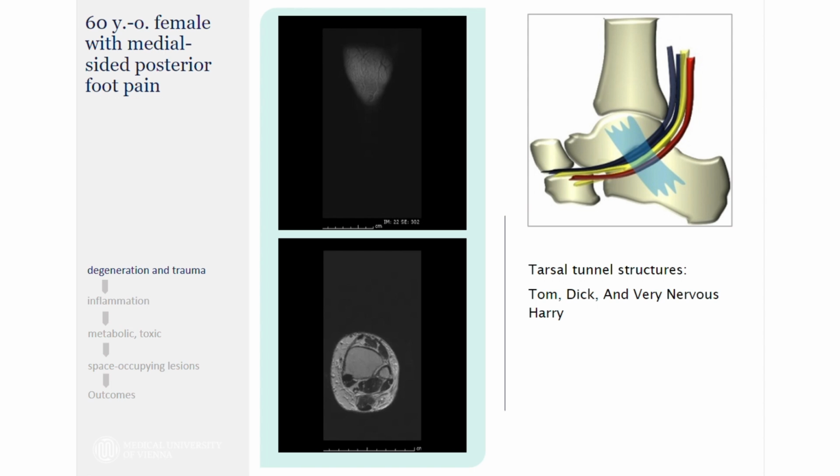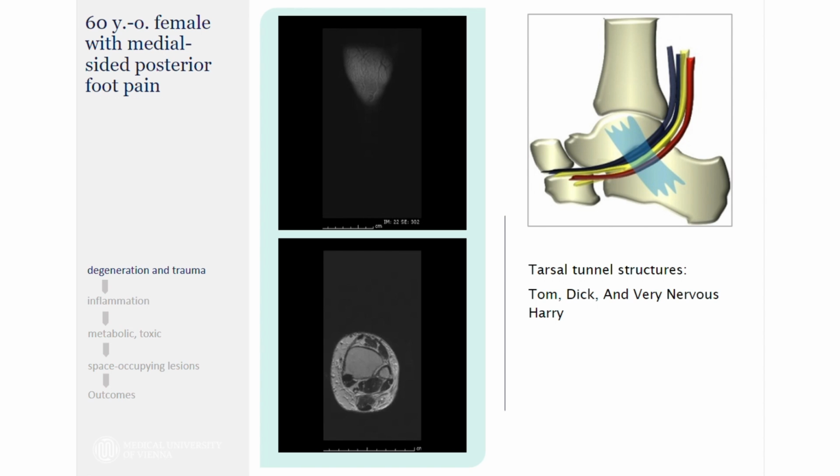And what happens here is a compression, but not only compression, it's also due to the biomechanics a tension injury, because the tibialis posterior tendon is the tendon mostly responsible for stabilizing the plantar dome. And once patients start to develop a flat foot deformity, there is an overuse, and this tendon is stretched, causing tendinitis and eventual rupture. So it's a combination of compressive forces and of tensile forces.